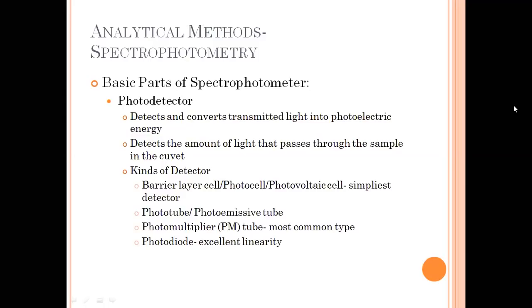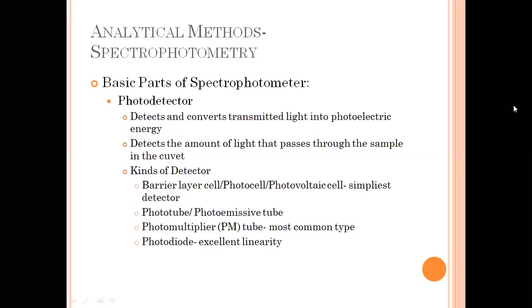Okay, another kind of photodetector that we could use for our spectro is your phototube or the photoemissive tube. We also have available photomultiplier tube. So this photomultiplier tube is the most common type of photodetector that we use with our spectrophotometer. So it has excellent sensitivity and a rapid response, okay, with the transmitted light.